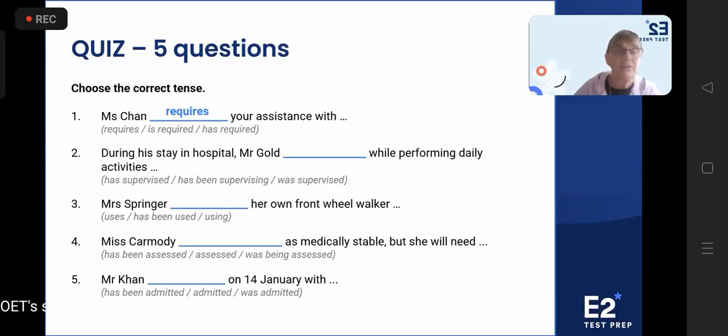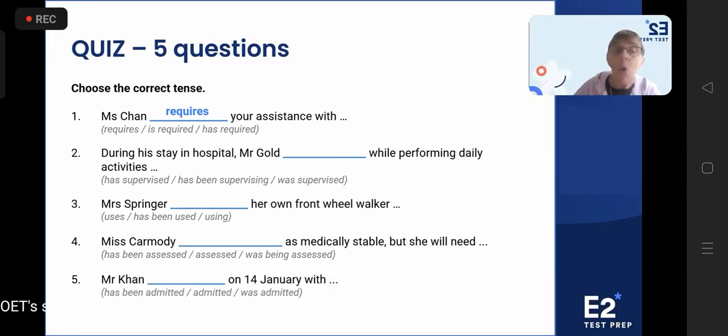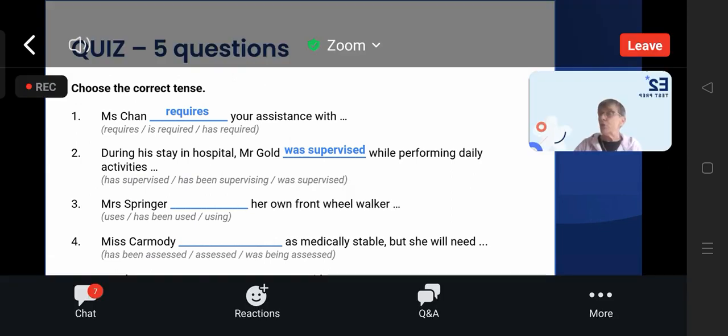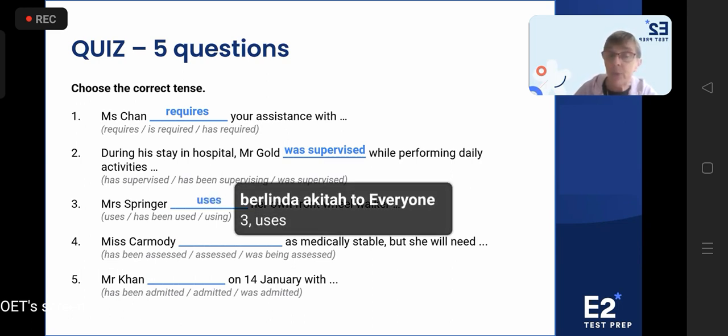Simple present. We're just making that statement. During his stay in hospital, Mr. Gold, while performing daily activities, we know when, so he was supervised. When? During his stay. Mrs. Springer uses her own front wheel walker.